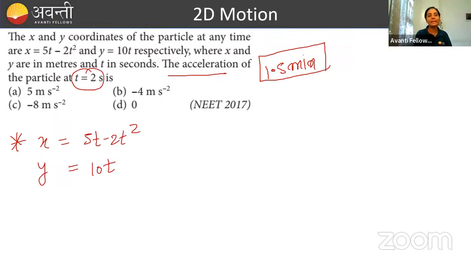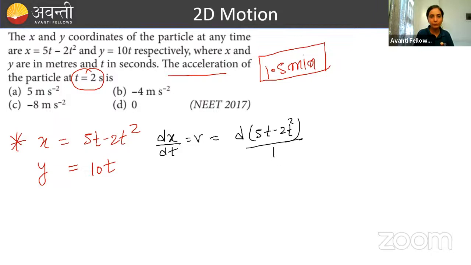So we can calculate acceleration in x direction. We can calculate acceleration in y direction, right? So let's do it separately. If I'm going to calculate velocity first, velocity will be equal to d of (5t minus 2t square) by dt.